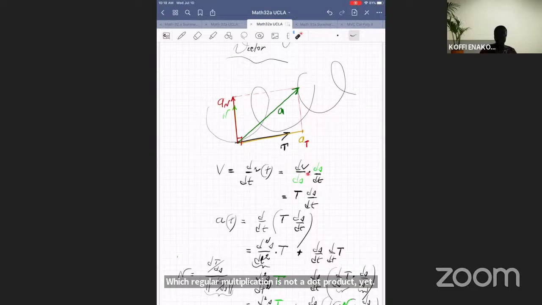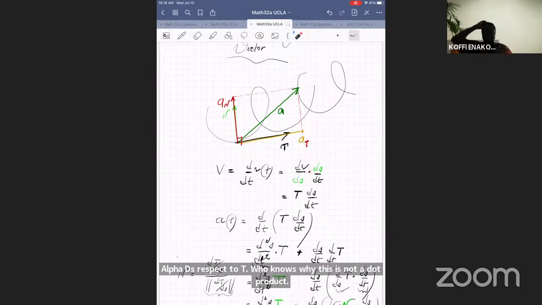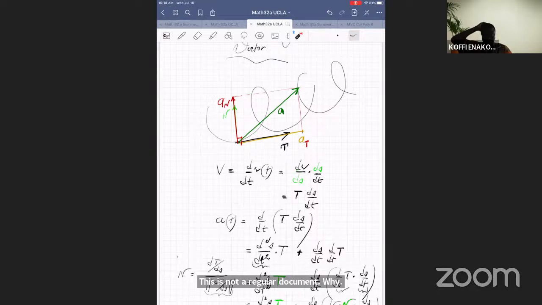Who knows why this is not a dot product? Why is it that it's not a regular dot product? Another way to express the question is this term, d with respect to t of s, what is it?